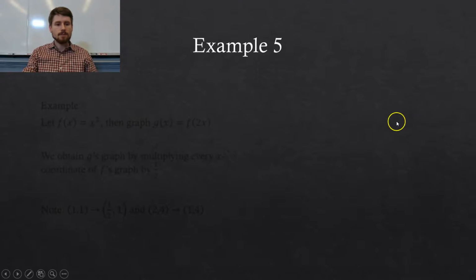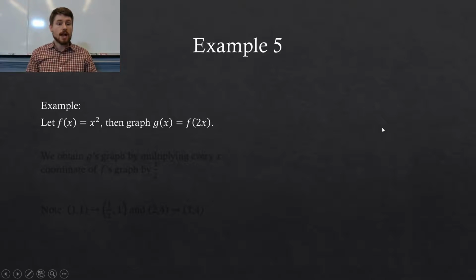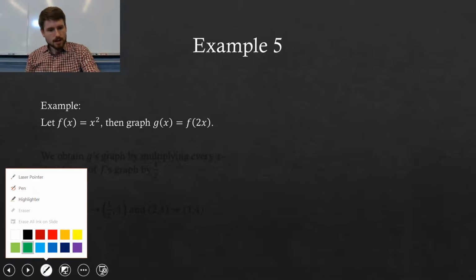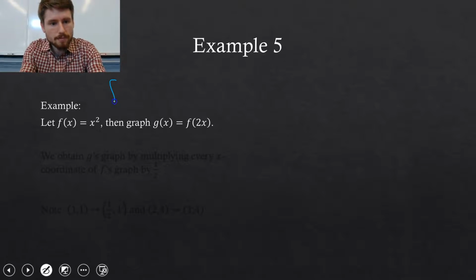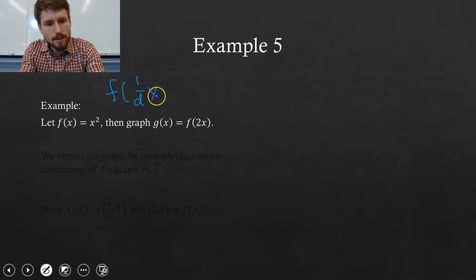Okay. Let's look at an example. Here's the function x squared, and we're going to graph f of 2x. Okay. So let's see what that will do. Well, it's not completely obvious because it doesn't look like f of 1 over d x yet.